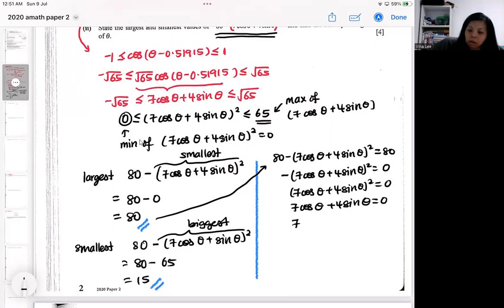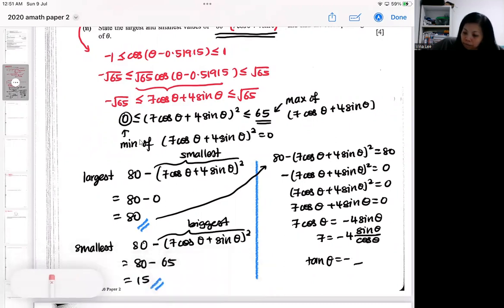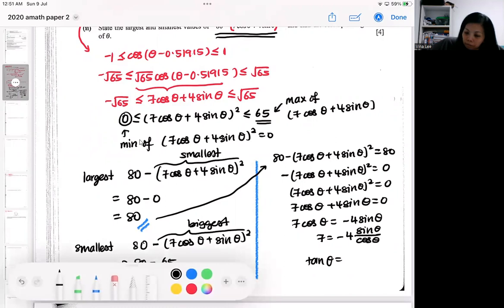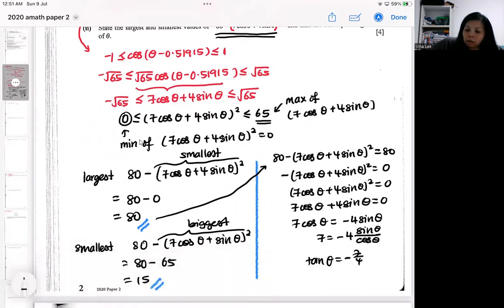So from here, you can try doing a tangent. You will get tangent equal to minus 4 over 7. Oh, sorry, it's 7 over minus 4. And then you do your basic angle, ASTC. The same thing is going to be for this part.